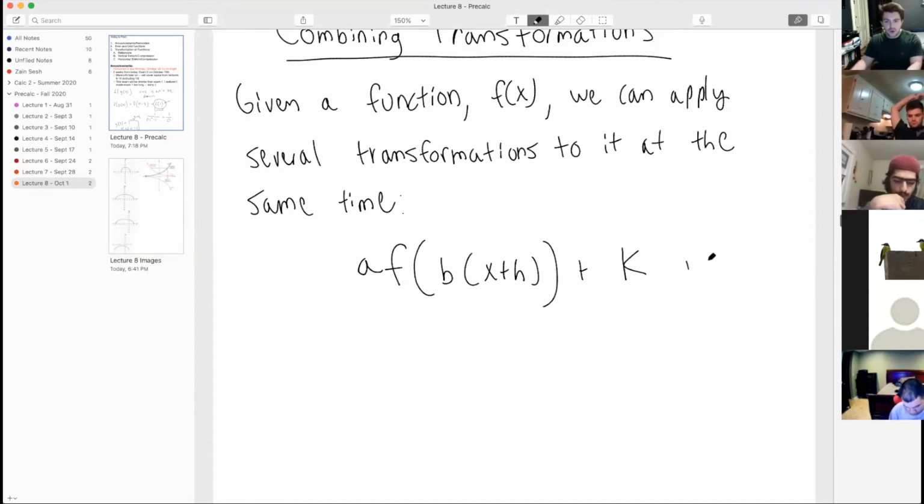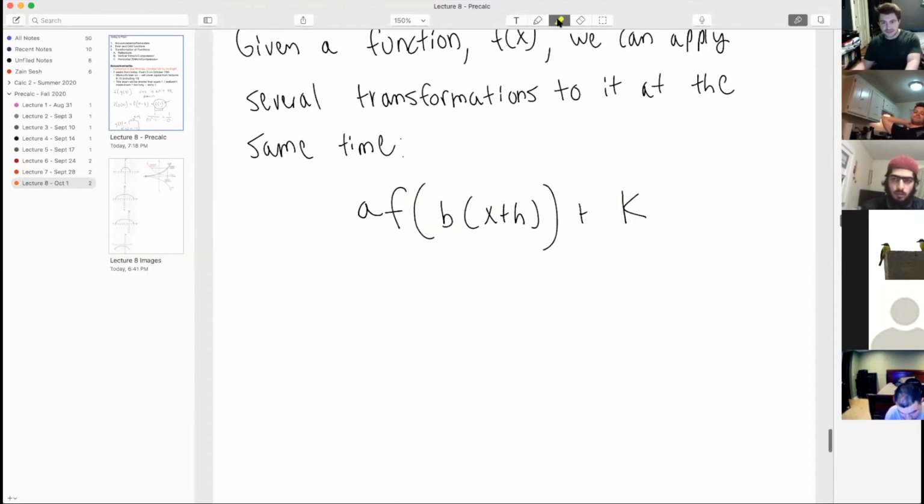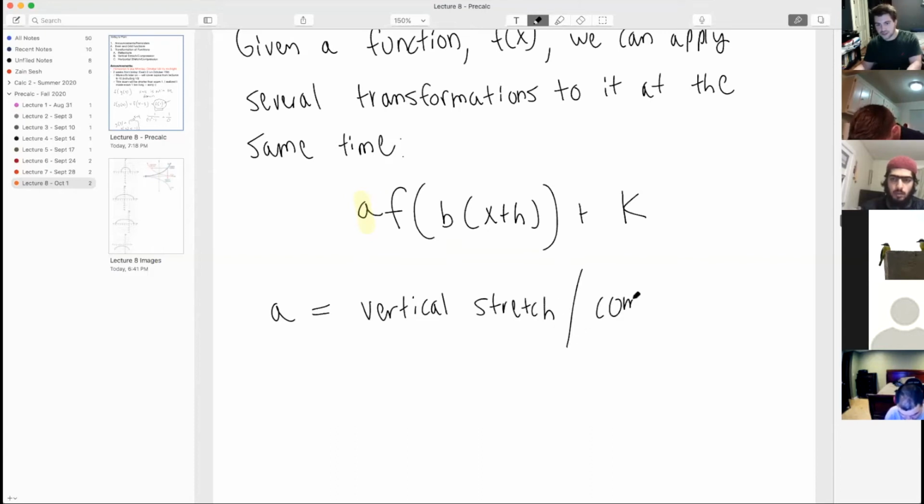So I just wrote this expression down. I actually have applied all of our transformations at once. So let's just break it down. A here is our vertical stretch or compression.